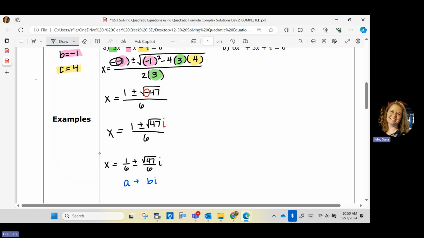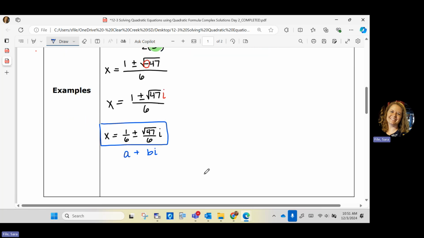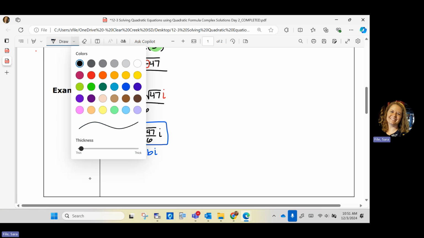It's in the correct form. Now, I just leave my answers like this with that plus or minus symbol there. If you prefer to separate it out and write it as 2 answers, that is totally fine.